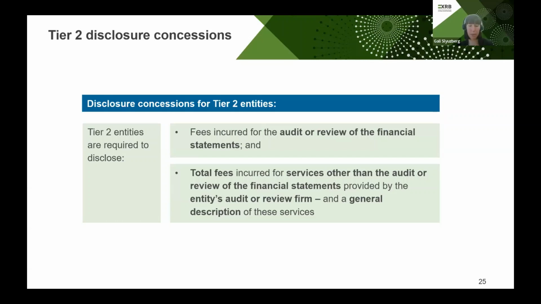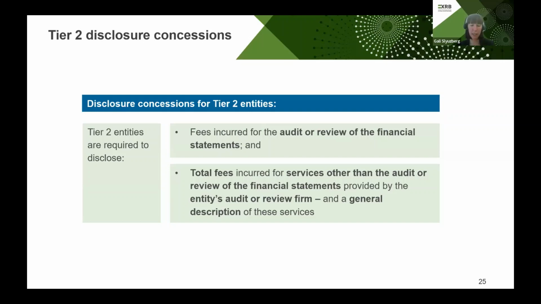It's useful to remember, I think, that before these amendments were issued, tier 2 entities were not required by accounting standards to provide disclosures about fees paid to audit firms. So there were existing requirements about fees paid to audit firms, but tier 2 entities had disclosure concessions from all of these requirements.